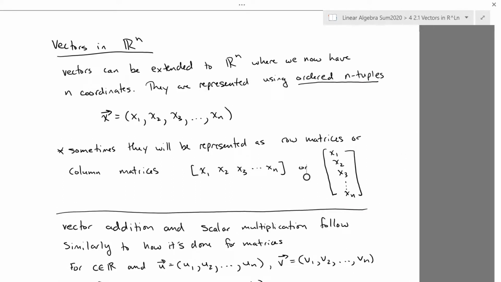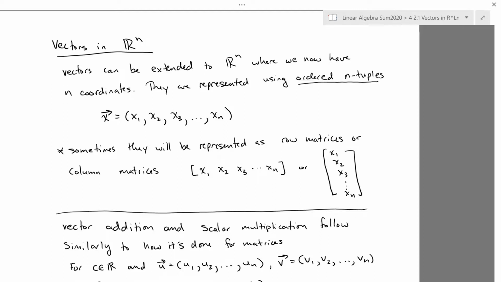On this last page, we discussed vectors in Rn, and so whatever we did in R2, we can extend to higher dimensional spaces. So it's a little bit harder to visualize things, but algebraically everything carries over in the way you expect them to.